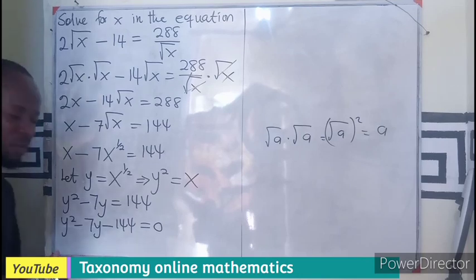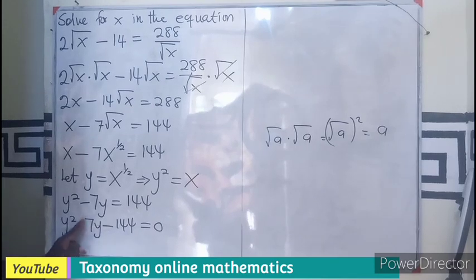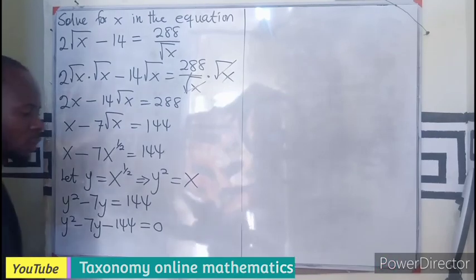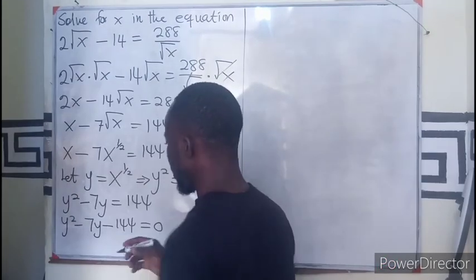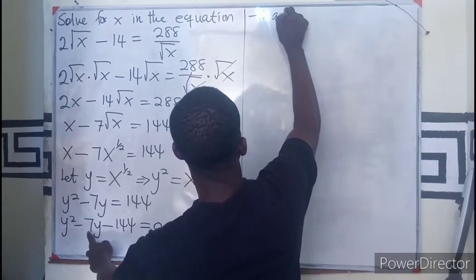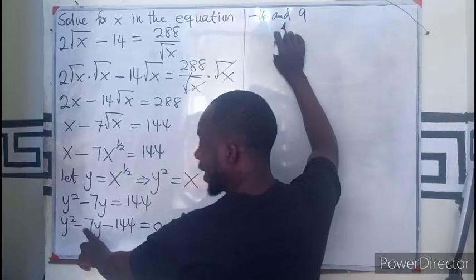So now how do we solve this? We are looking for factors of negative 144 which, when we add, we should get negative 7. So it means one of the factors must be negative, and in this case the greater one. Those factors are going to be negative 16 and 9. When you add them, you get negative 7.